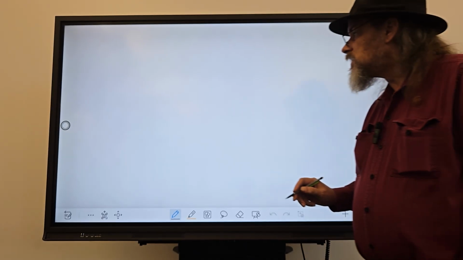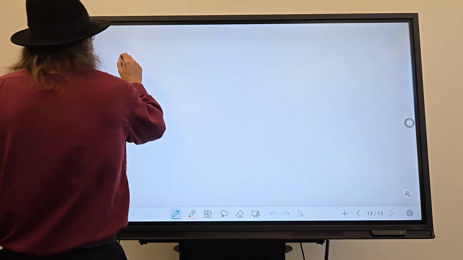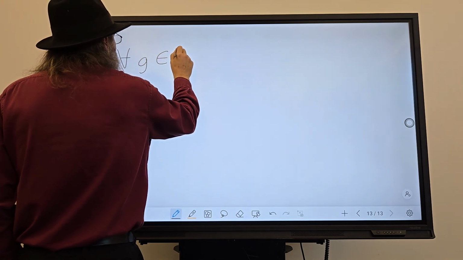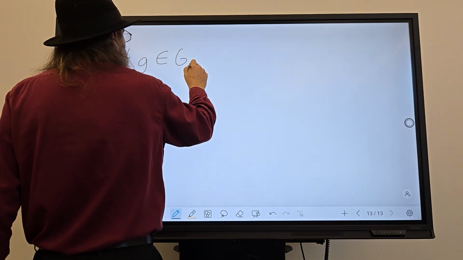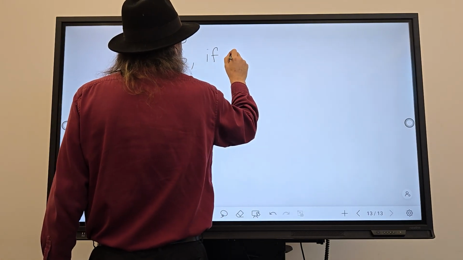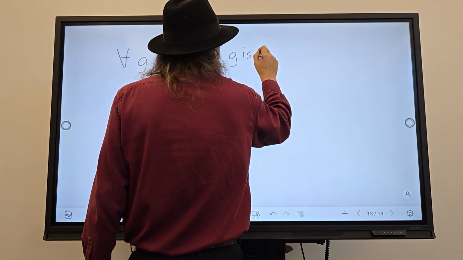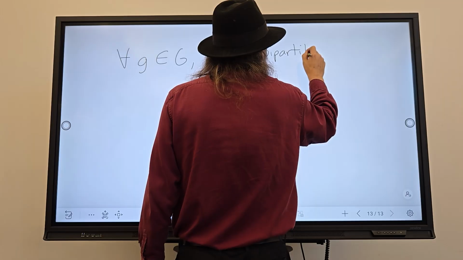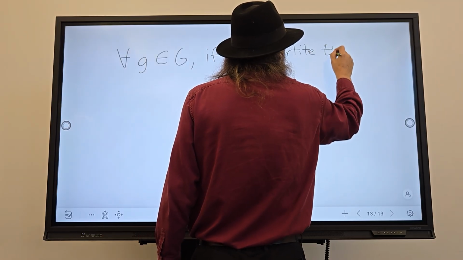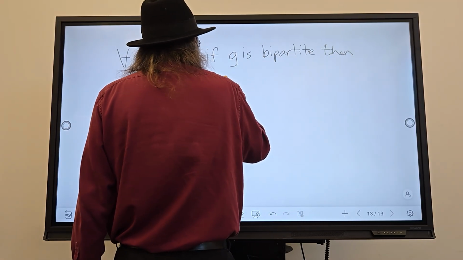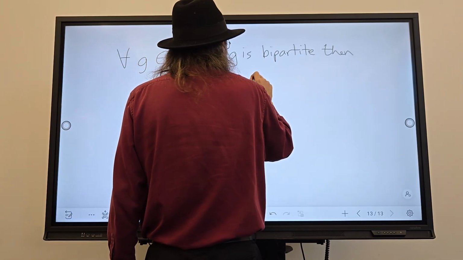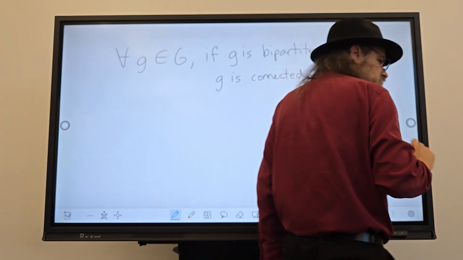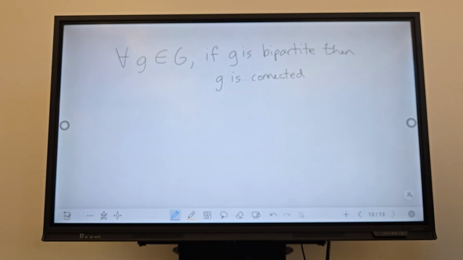So, for all graphs G, if G is bipartite, then G is connected. Is that what it said? Yeah.